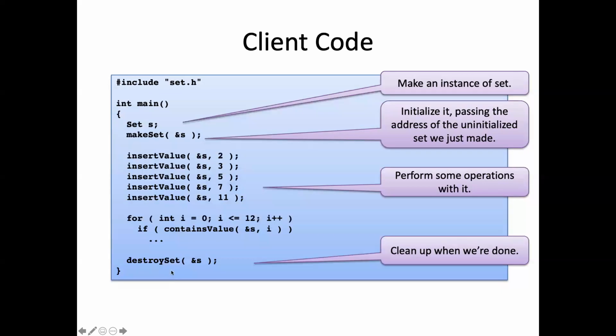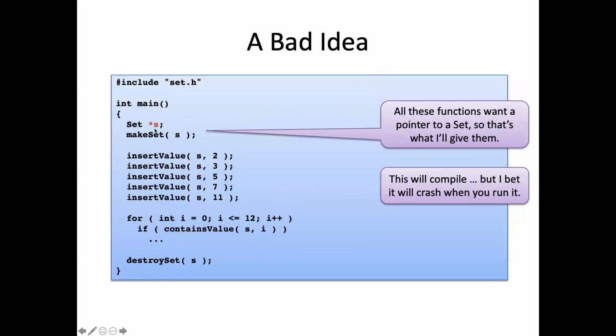Well, moving ahead, if you made your pointer like this, it doesn't point to anything. There is no set object that it points to. So it's really just an uninitialized pointer. If you pass that uninitialized pointer to make set, when it tries to use it to get to fields in the set object, who knows what memory it's going to be accessing.